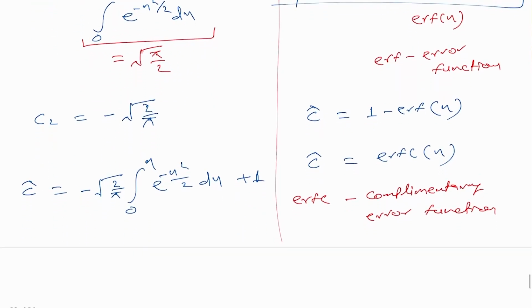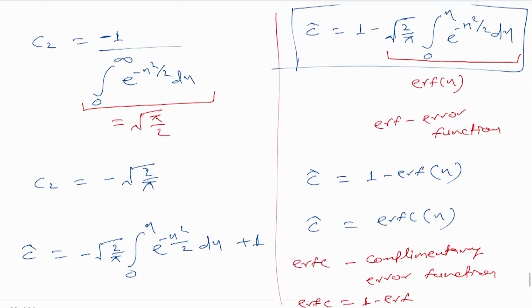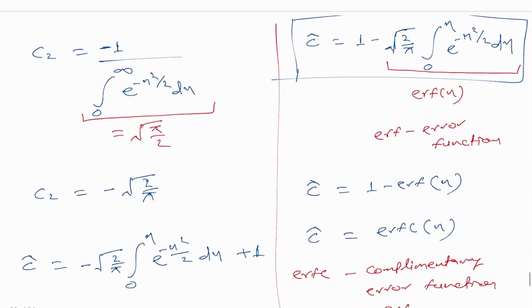Okay, and ERFC is always equal to 1 minus ERF. So this is what we have. This is known as the error function and complementary error function.